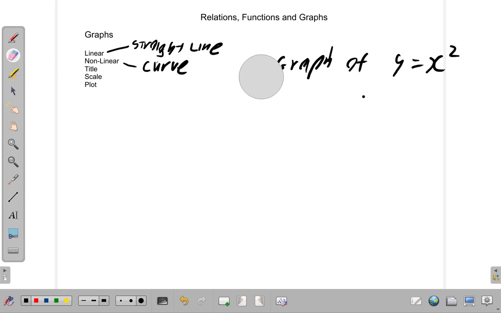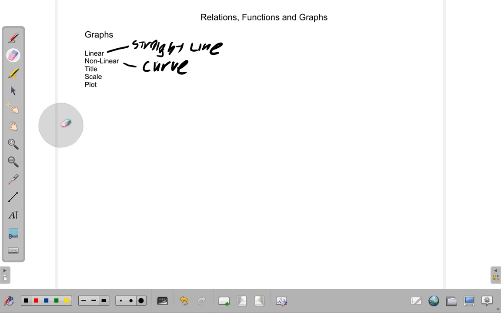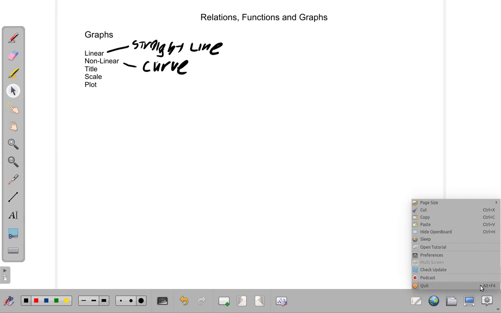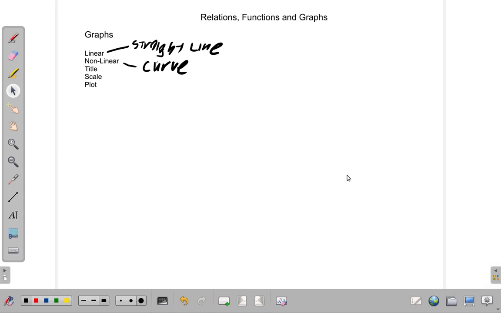You should have a title telling somebody else who's looking at the graph what the graph is about. Then you need a scale for the graph. The graph should have a scale, right?